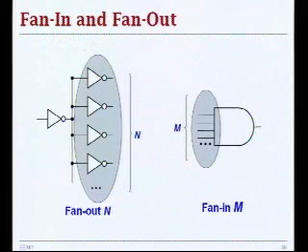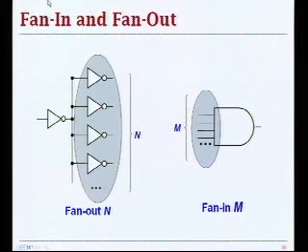Some other parameters that are really important as well are fan in and fan out. Fan out of a gate represents the number of gates that are loading the output of the prior stage. The larger the fan out, the more loading on your gate, and that might affect your noise levels and the quality of your signal.